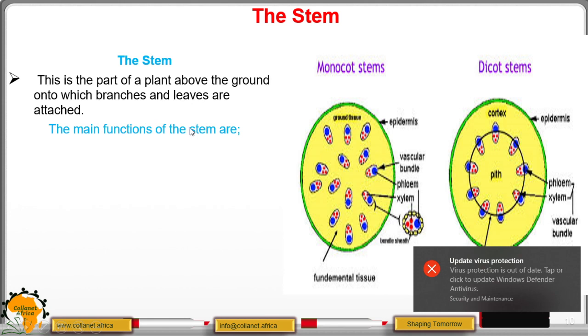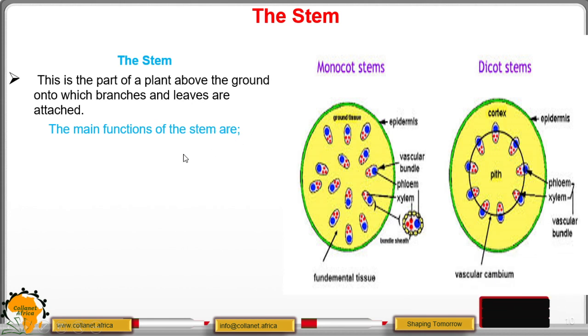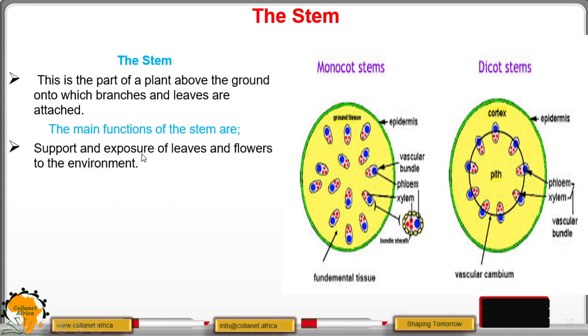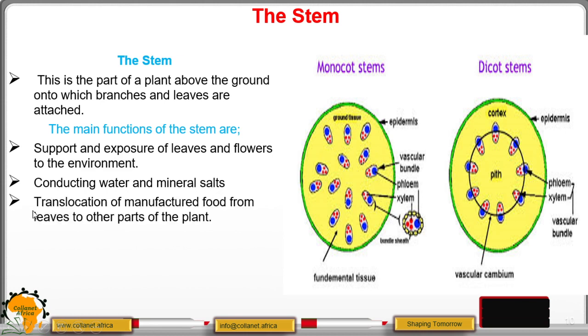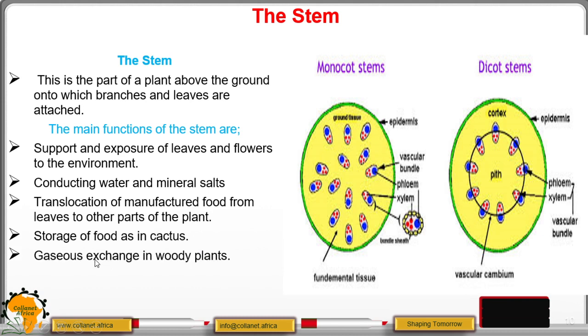The main functions of the stem are support and exposure of leaves and flowers to the environment, conducting water and mineral salts, translocation of manufactured food from the leaves to other parts of the plant, storage of food as in the case of cactus, and gaseous exchange in woody plants.